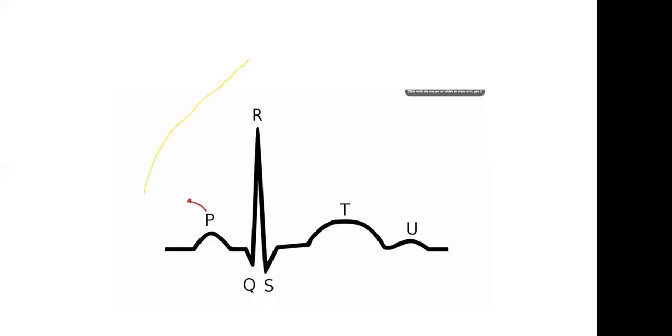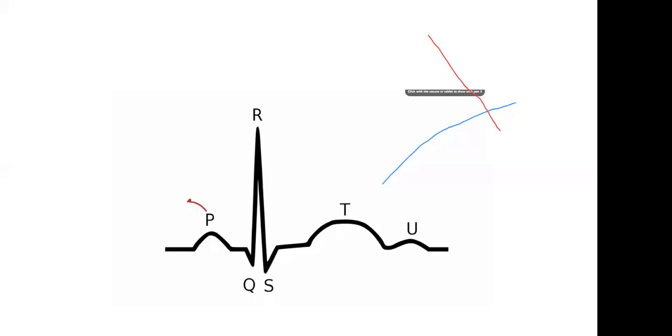In this way, when we go along the T wave, that appears, but it is the wave of repolarization. So once again, I started from the start. P wave is the wave of depolarization of the atria. QRS is the wave of depolarization of the ventricles. T is the wave of repolarization of the ventricles.